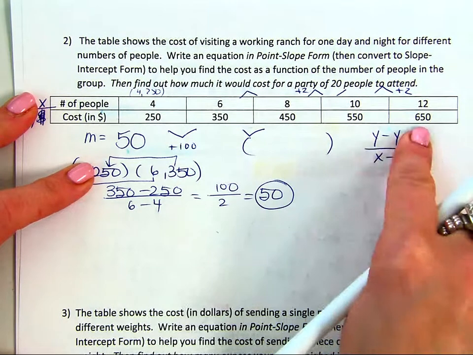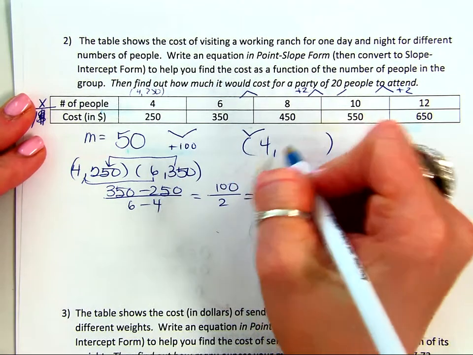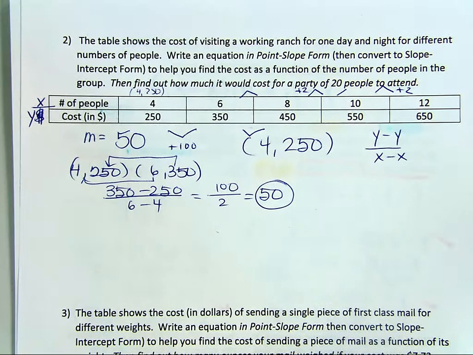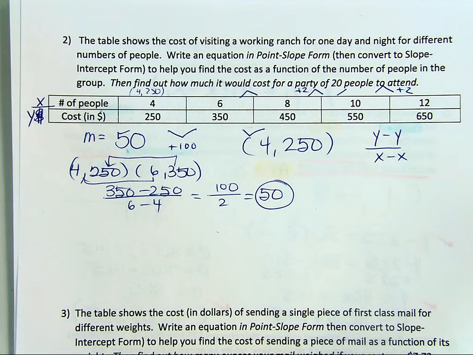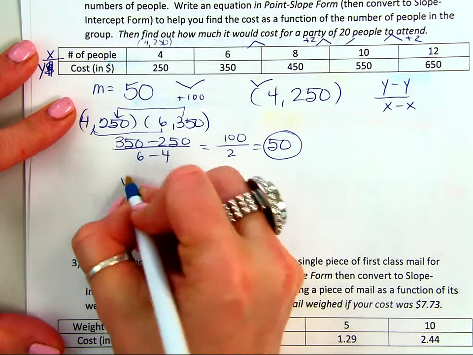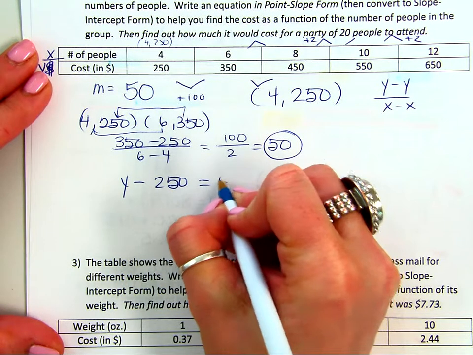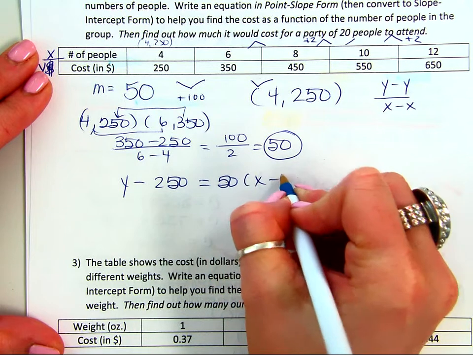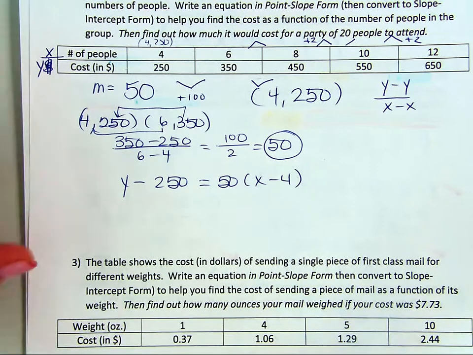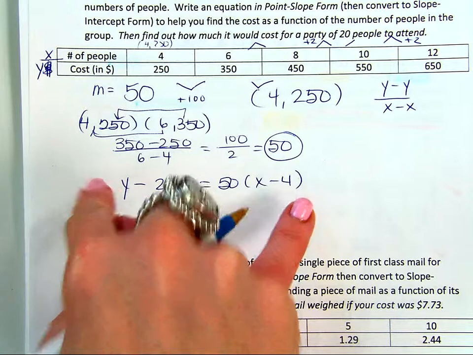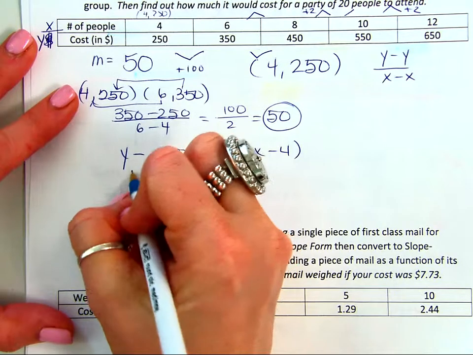So I'm just going to pick 4, 250 because it's the smallest one. So all that, and now I'm ready to start the problem, right? So it took a little bit of work. So now I know that y minus 250 is equal to 50 times x minus 4, right? Are you okay with that point slope, putting that there? So go ahead and do what you know how to do.